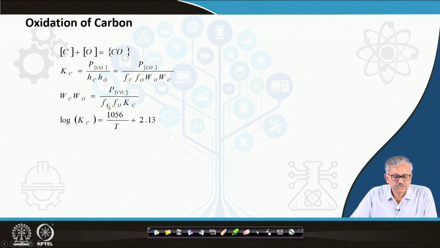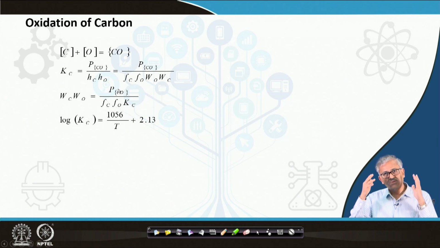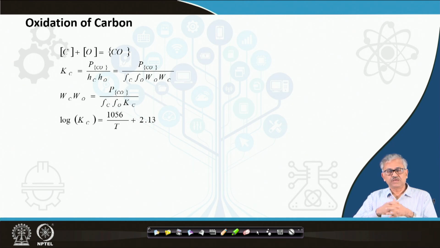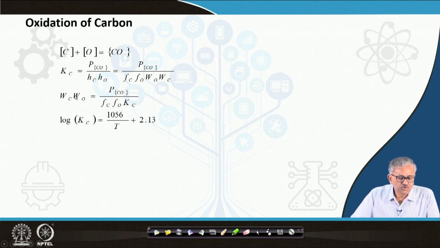If you take fO and fC as 1, then simply you can calculate, and depending on the partial pressure of CO, your value of wC, the dissolved carbon in the bath, can vary. For the turndown wO you can take the sample at around 800 ppm, and based on that you can calculate the carbon concentration in the bath.